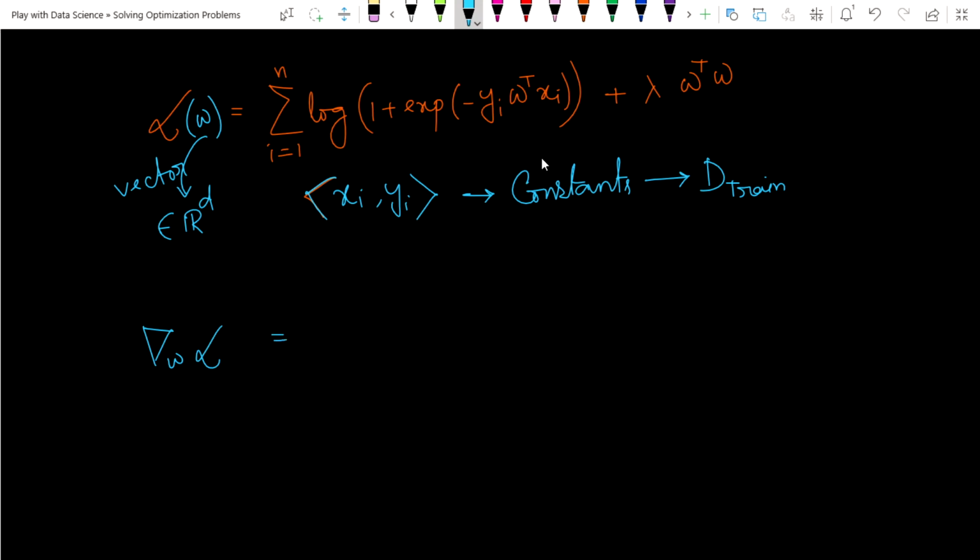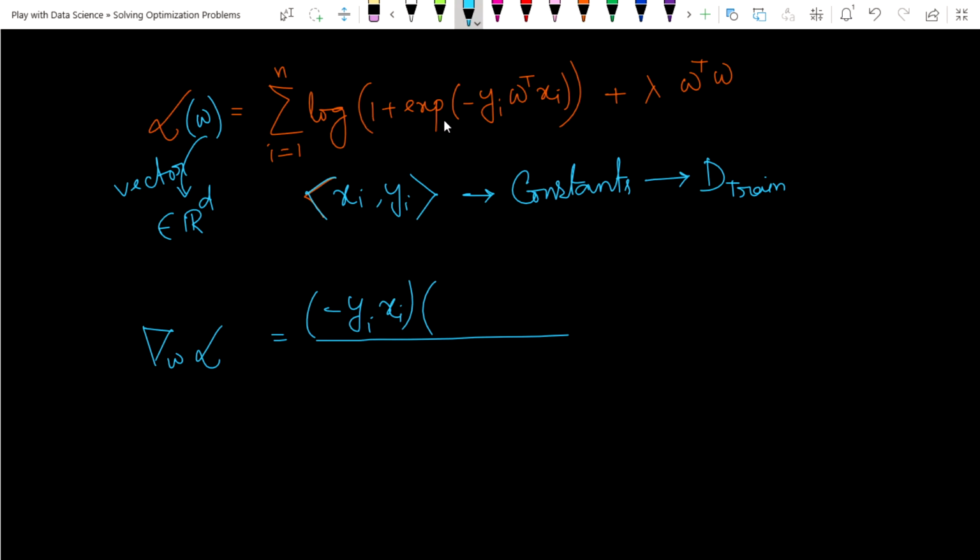I am habituated to using the chain rule, so using it you can easily find it. First we differentiate the outer portion with respect to w, which gives minus yi xi.